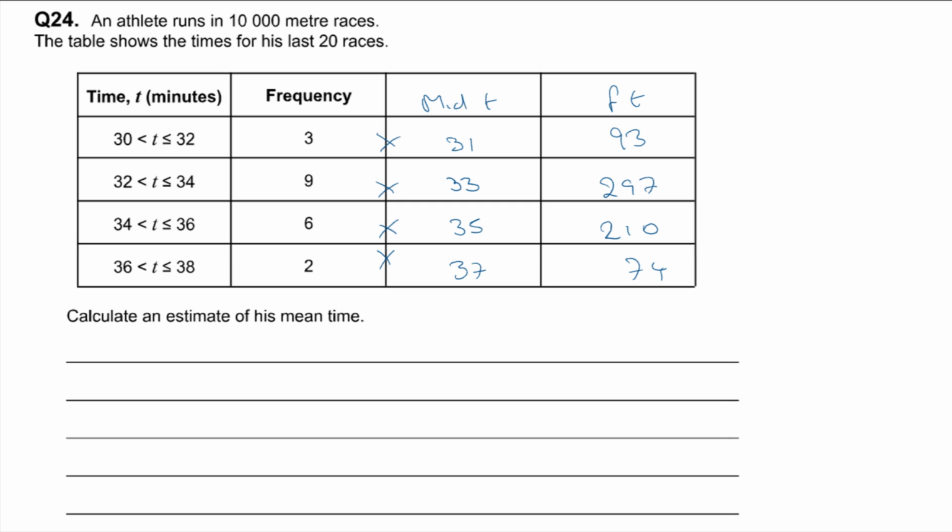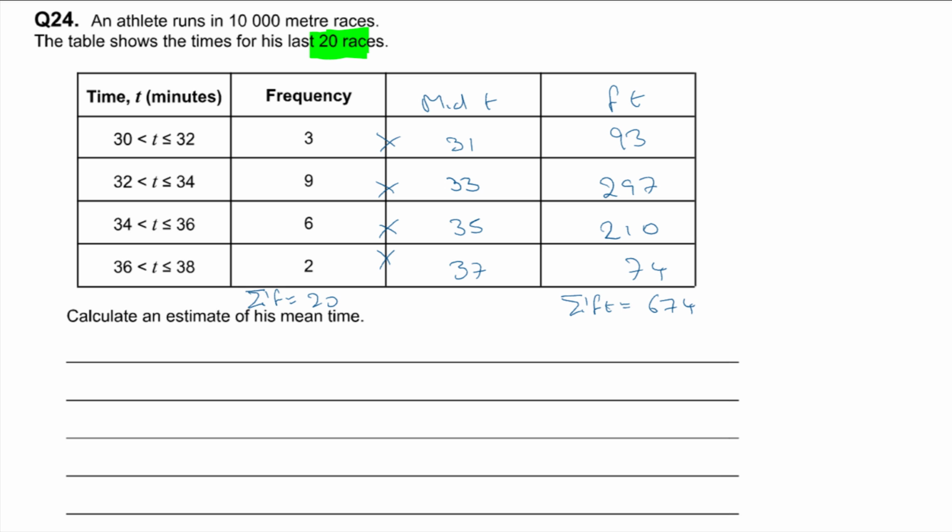Okay, so sigma f, the sum of the frequencies, that is going to be equal to 20, because it already tells us there, look, but we can add them up as well. And sigma ft, the sum of the frequencies times the times, that's going to be 74 plus 210 plus 297 plus 93. Those 4 values come to 674.